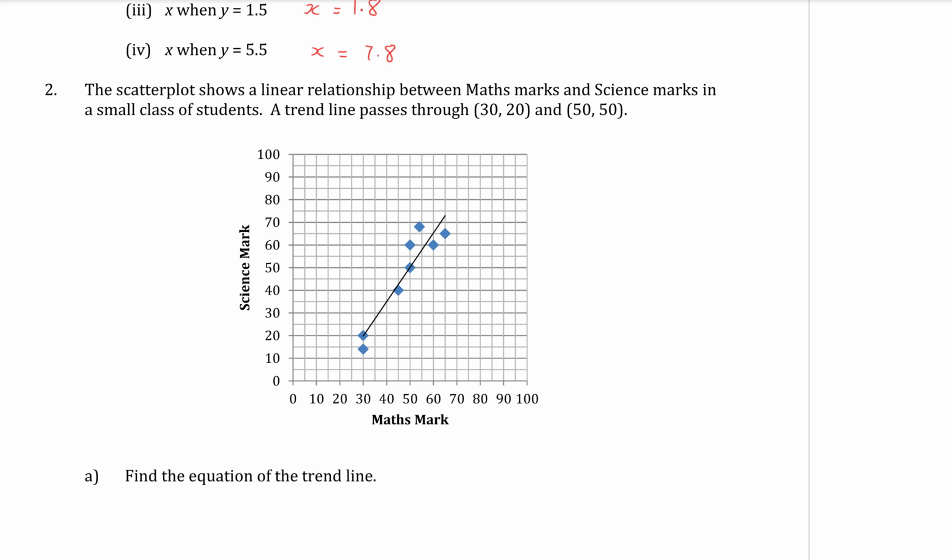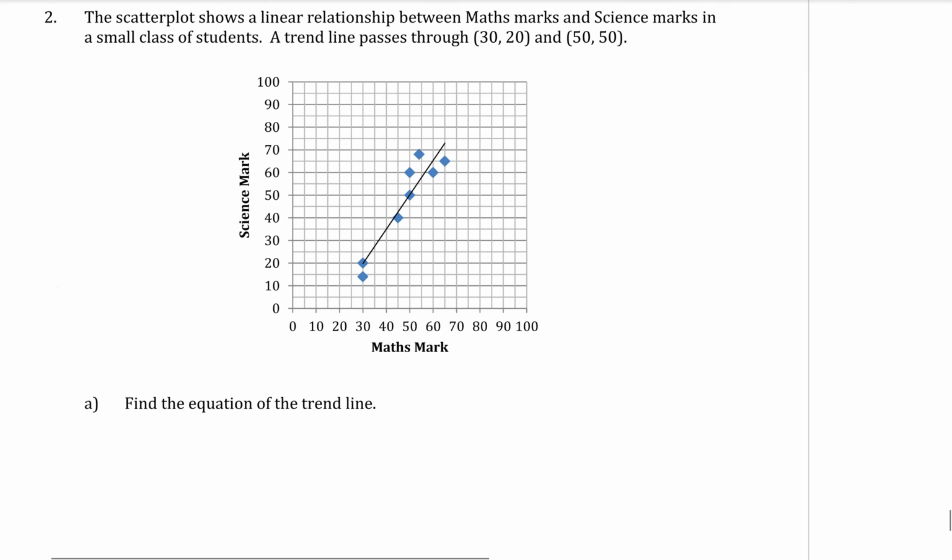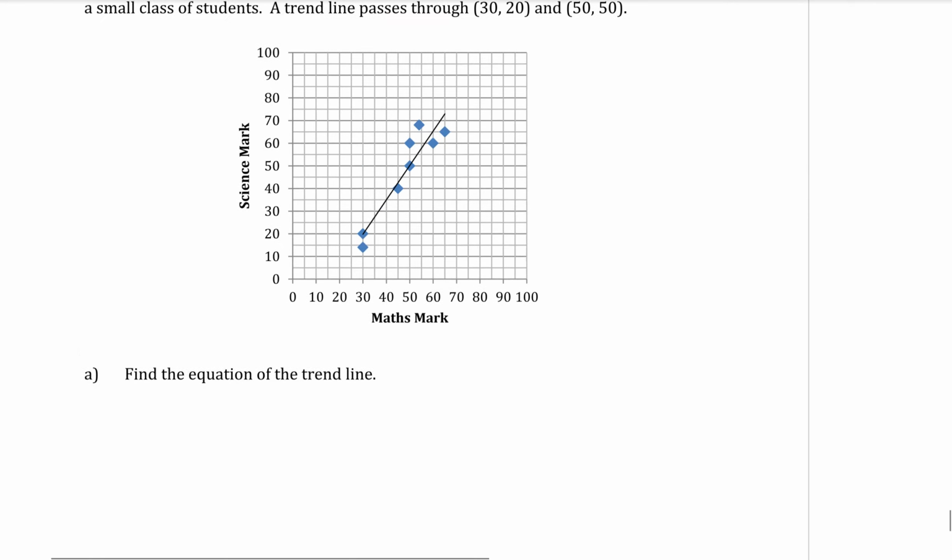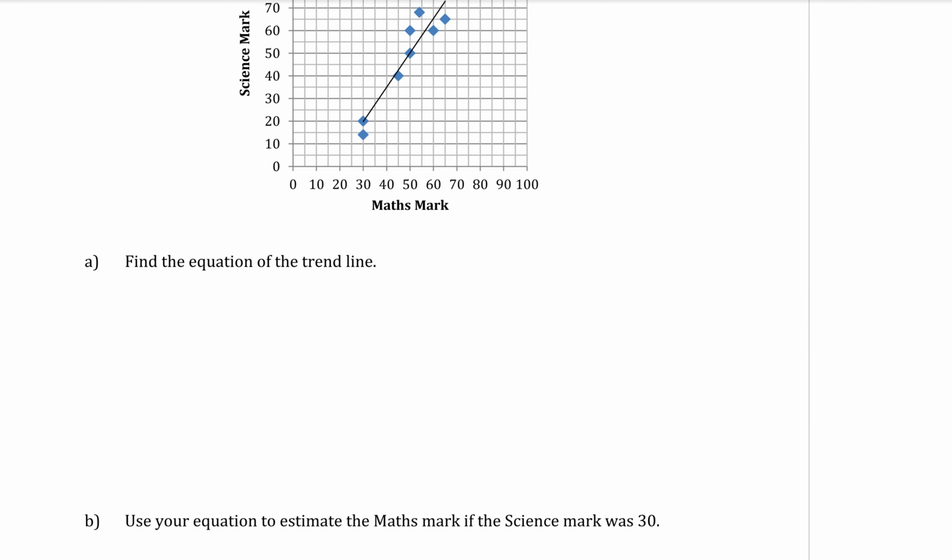Part A, find the equation of the trend line. So first of all, we need to know the gradient. So I use the m equals y2 take y1 over x2 take x1. You could technically, you have got a diagram there. If you want to draw a triangle on there and do a rise and a run, you are welcome to do that as well. But I'm going to use the points.